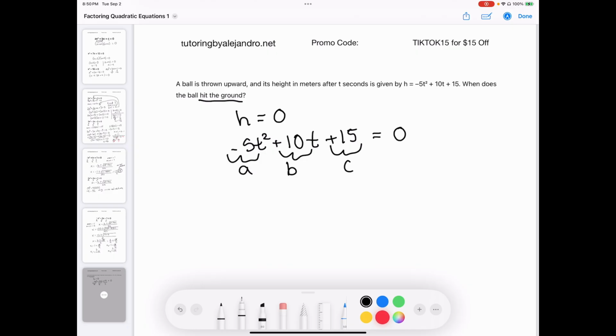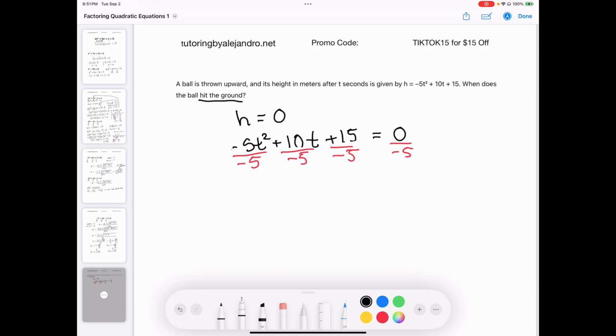Let's rewrite this. Let's divide every single term. When we divide on both sides, we have to do it to every single term. So dividing by negative 5, negative 5, negative 5, and negative 5 here.